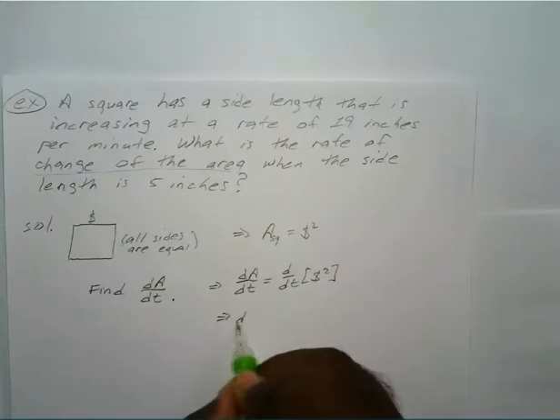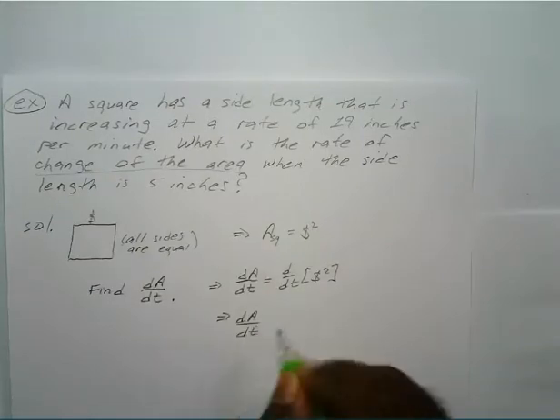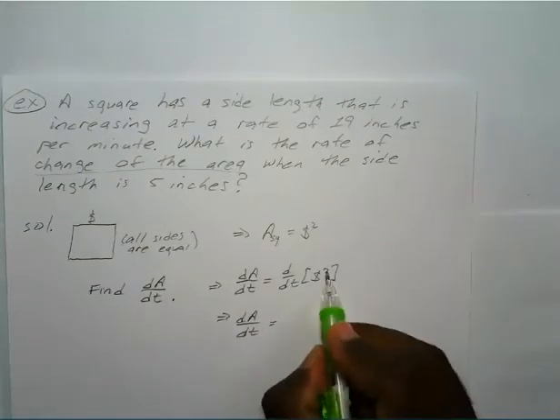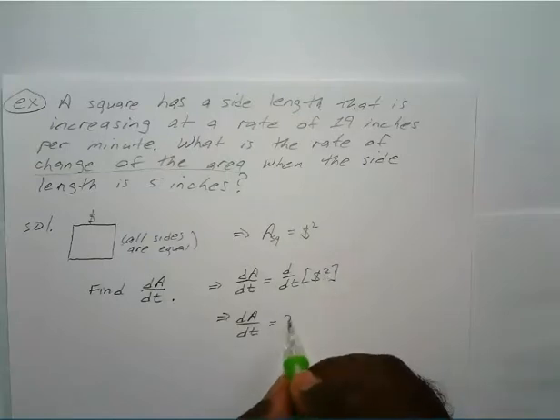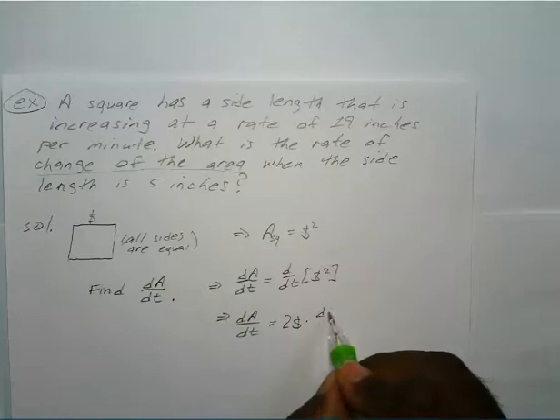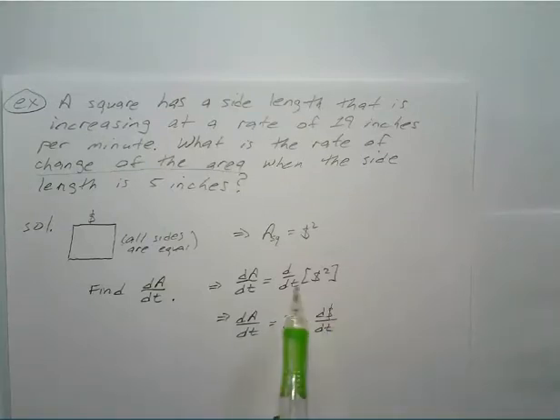Okay, so solving that, our dA/dt is equal to the derivative of S squared with respect to t, which gives us 2S times the derivative of what's inside, ds/dt.